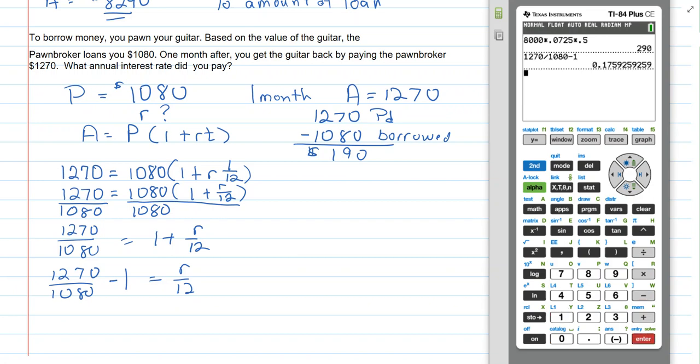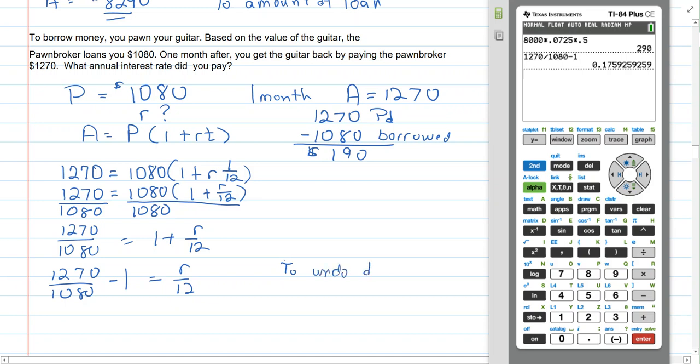And we have this, 0.175, blah, blah, in a decimal. To undo division, multiply.